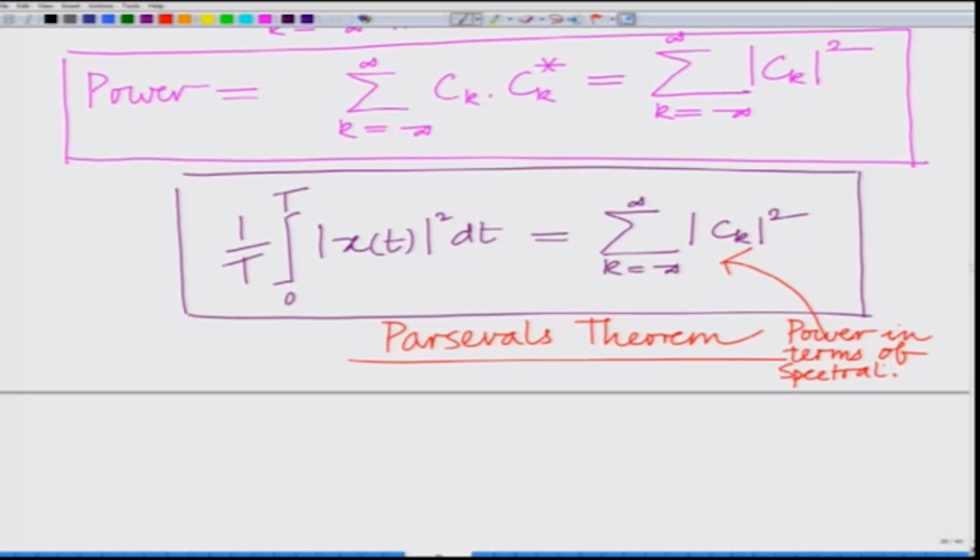We have 1 over T integral 0 to T magnitude x(t) squared dt, which is the power, a time domain computation, and now we also have a very interesting expression to compute the power from the spectrum in the frequency domain, that is, summation k equals minus infinity to infinity magnitude Ck squared, where Ck is the kth Fourier series coefficient. This has a lot of applications, and it is a very interesting result. This is known as Parseval's theorem.